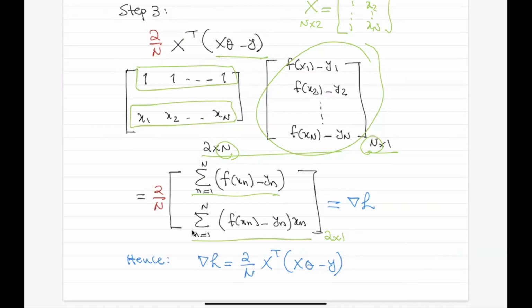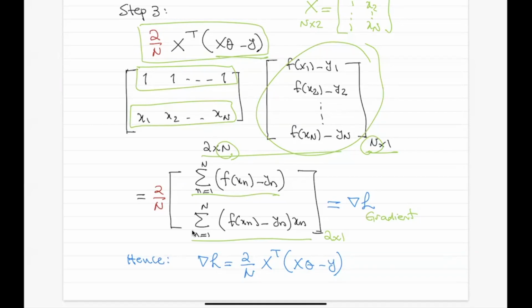So what we really showed here, in a sort of reverse engineering approach, is that this gradient, which is very important because it contains information about all partial derivatives with respect to the unknowns, can be written as 2 over n times X transpose (X theta minus y). And the reason I multiply everything by 2 over n at the end is that's exactly what we had in our gradient.